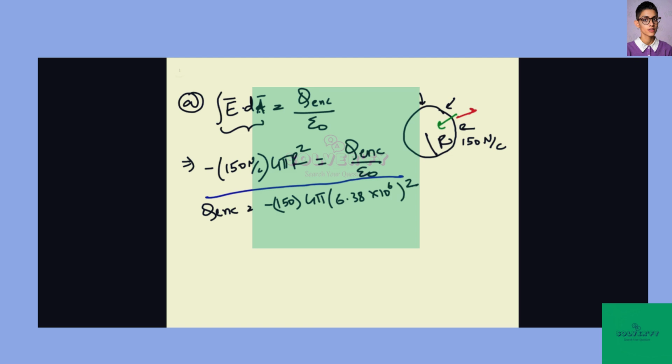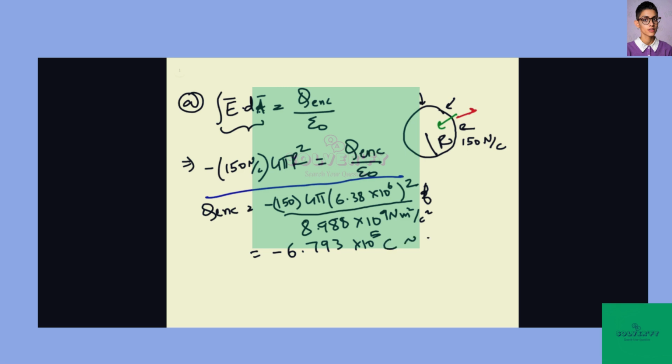And we know that the value of 1 by epsilon naught is 8.988 into 10 power 9 Newton meter square per coulomb square, giving us minus 6.793 into 10 power 5 coulombs.